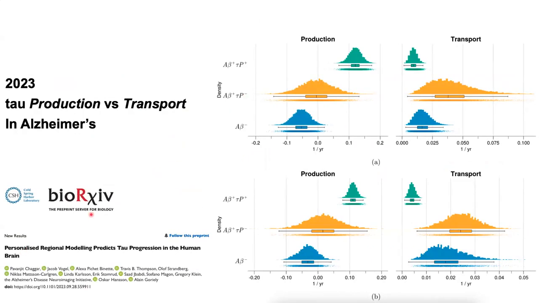paper currently in preprint, I believe, where they looked at spreading versus local production. So this is just accumulation in a region or regions across the brain of tau pathology versus transport or spreading. Their spreading equation spreads along the brain's connectivity network and has terms for production and transport.